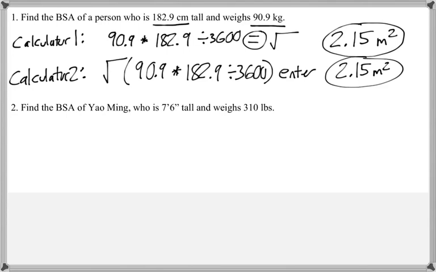So make sure you know what type of calculator you have, and make sure that you can get the 2.15 square meters.